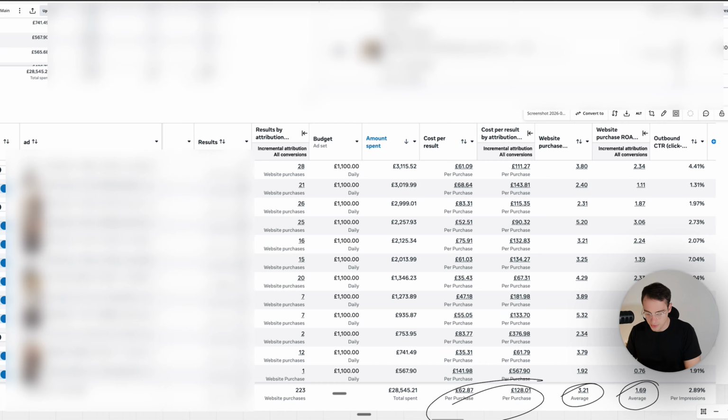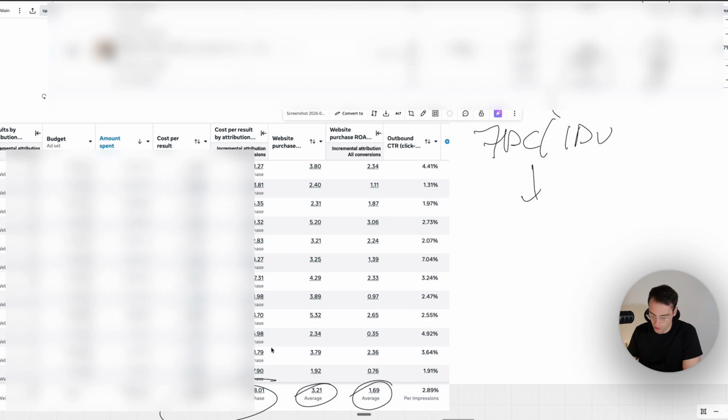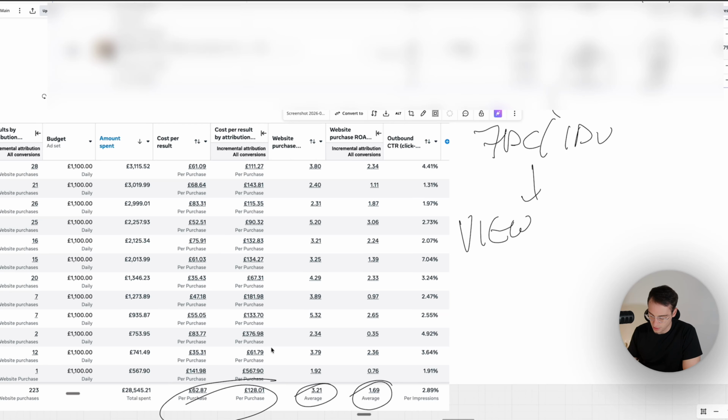The reason here, and you could also compare with that, is that this is running on a 7-day click, 1-day view. This basically means that most of the conversions are view-through conversions. This is one of the most important things that I see brands doing wrong, the view-through.